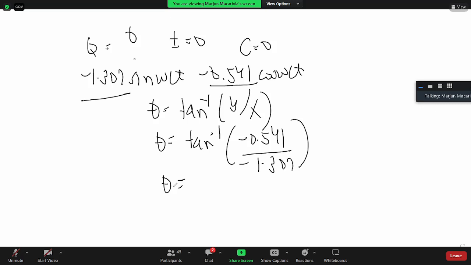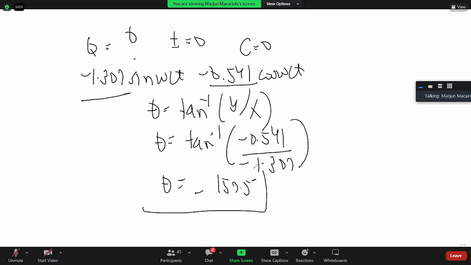Pindot. Anong sagot? Negative 157 po. So that is negative 157.5.